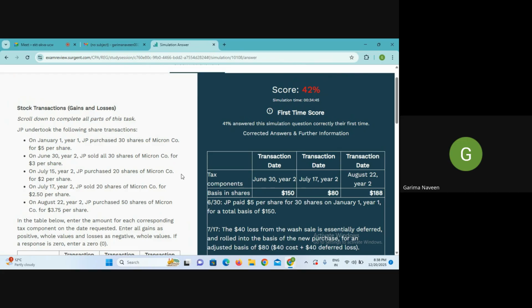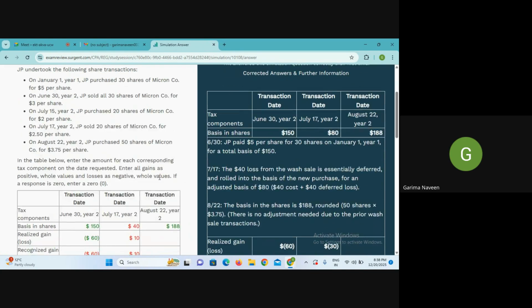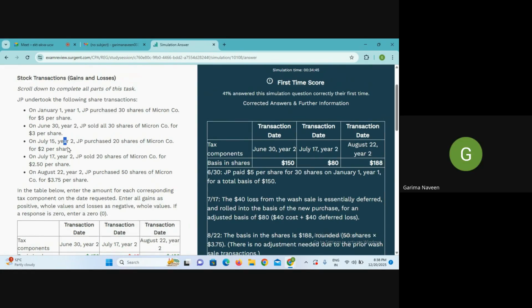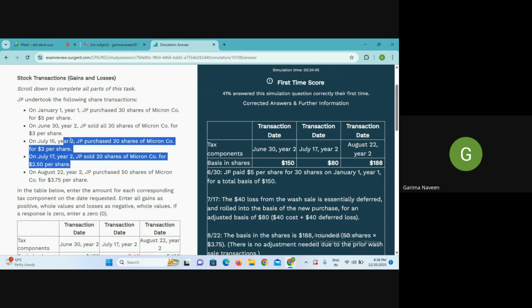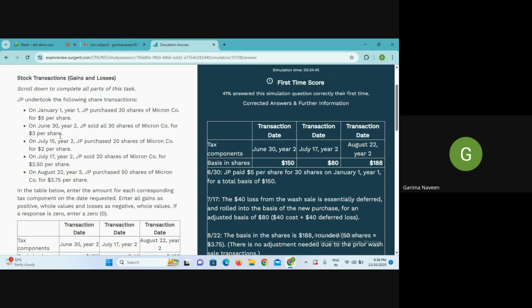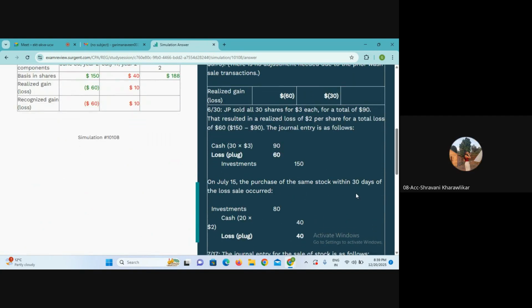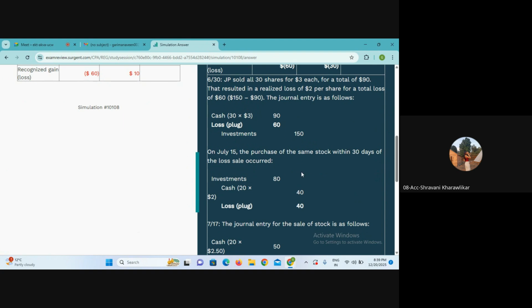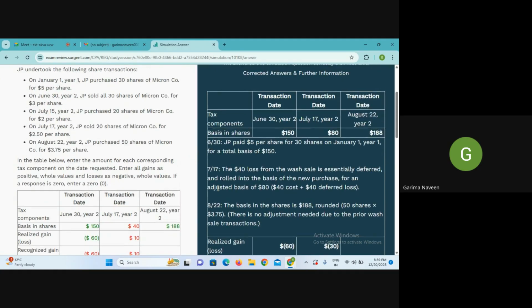I think there is some mistake because there is no loss here. But how are they calculating? So they are taking the loss. So on July 15, the purchase of the same stock within 30 days, the wash sale occurred. Investment of $80, cash loss is $40. So investment of 80.